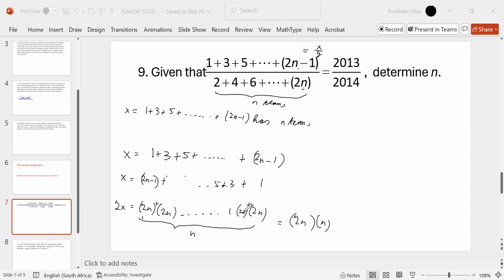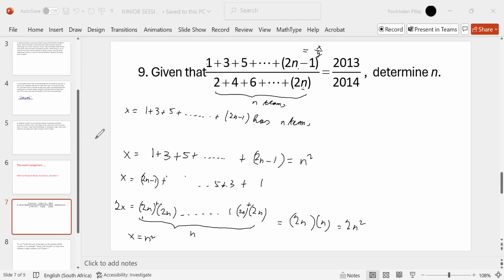Okay, so now you got 2x equals 2n times n, which is 2n squared. So 2x equals 2n squared, so x is equal to n squared. That's interesting. So this thing here will be n squared.